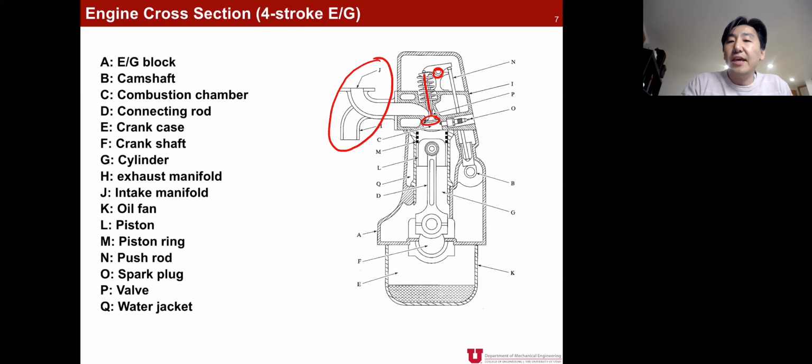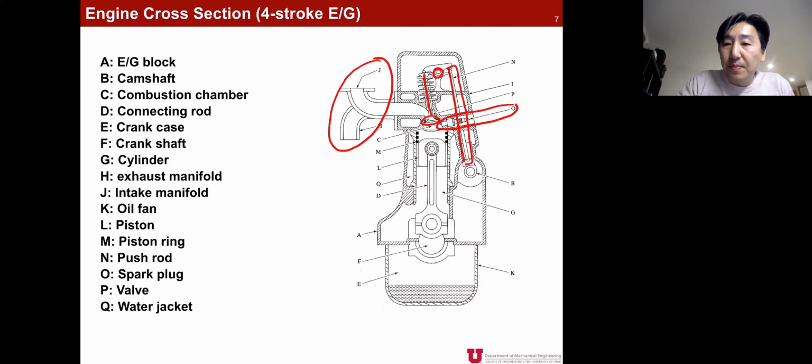This camshaft moves by this cam movement. Now you can also see this one, that is the spark plugs. Because we see those spark plugs, this engine is a spark ignition engine.